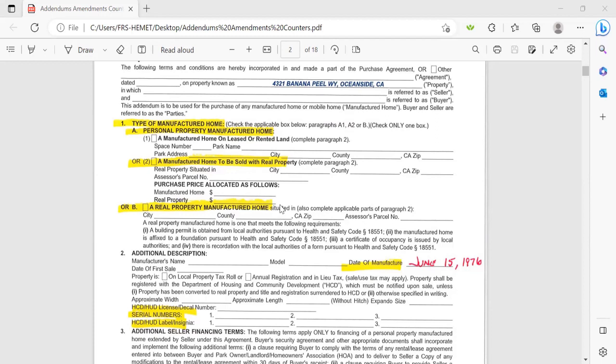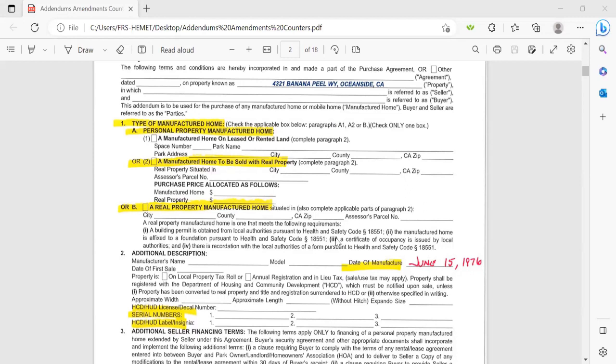And when it's on a permanent foundation, that's what the identifying things of these safety codes are. A building permit is obtained, and a certificate of occupancy is issued by local authorities. All of those things happen to make it, for all intents and purposes, immovable. And so it's not something that can be removed.